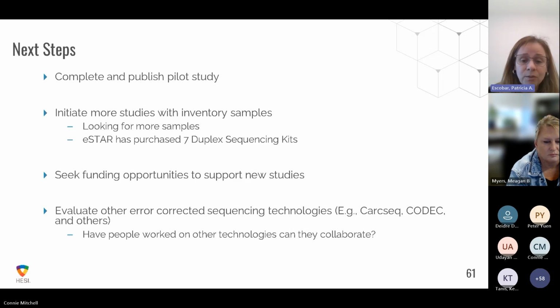We were planning to do that, but not this early. That was part of our original process, but not this early. But that's something we need to keep in mind based on the availability of the duplex sequencing samples, as Princeton is not doing it anymore.